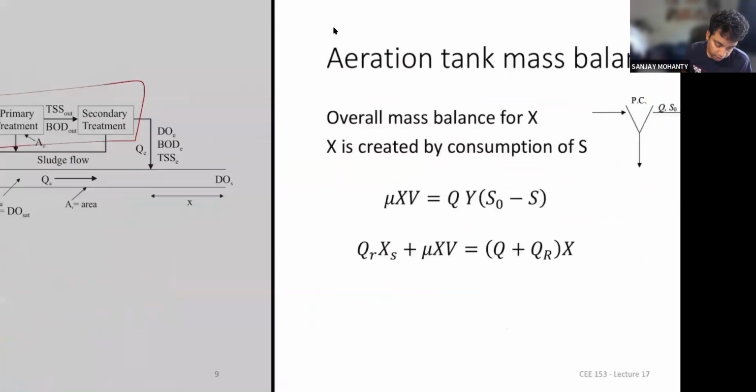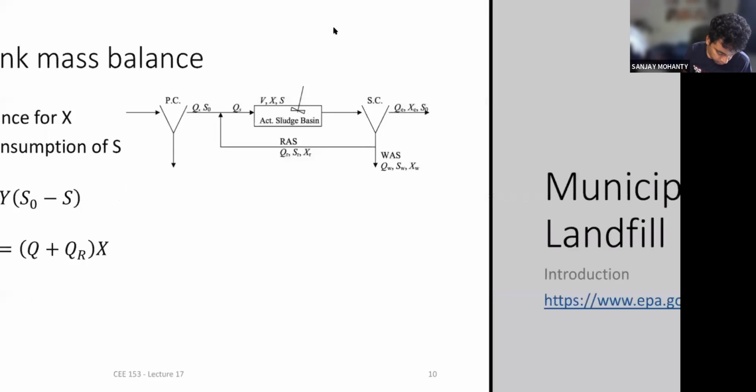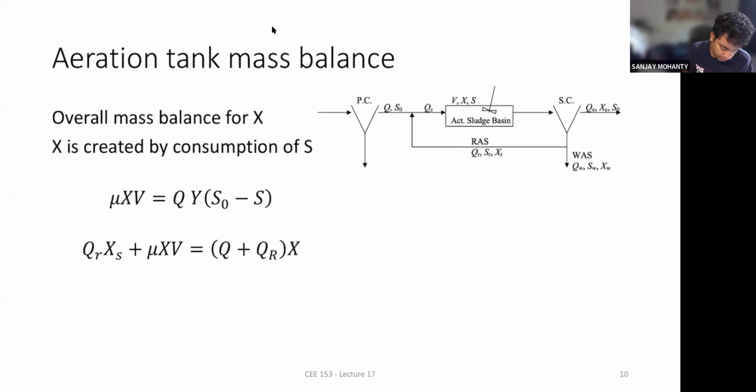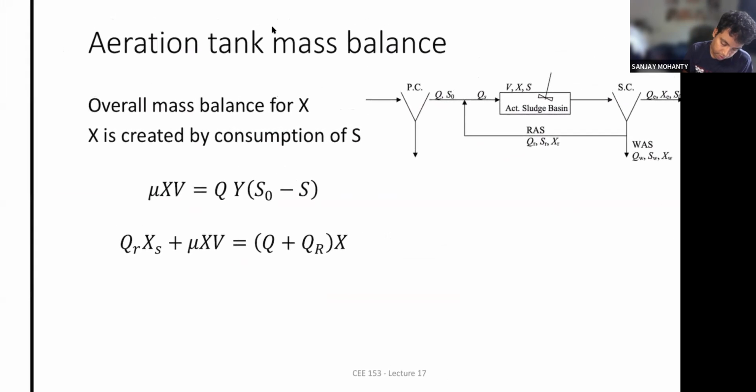This is again in the example homework, just check those, and everything else is written here. And there is another mass balance equation: the aeration tank mass balance. Basically, you are doing the mass balance only on this one. One is coming in, one is leaving the system, and the reaction is going on inside it.